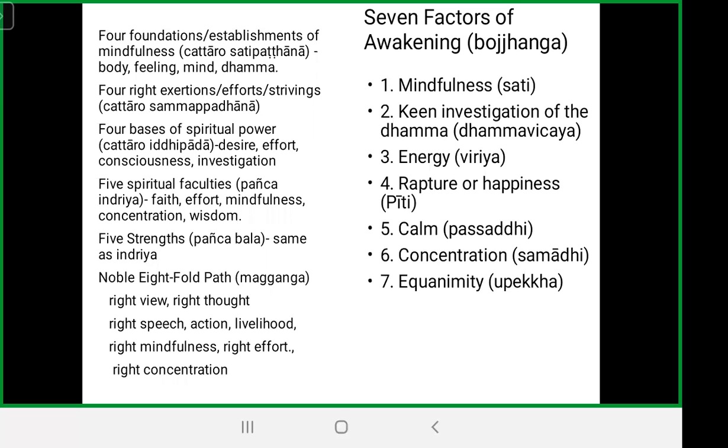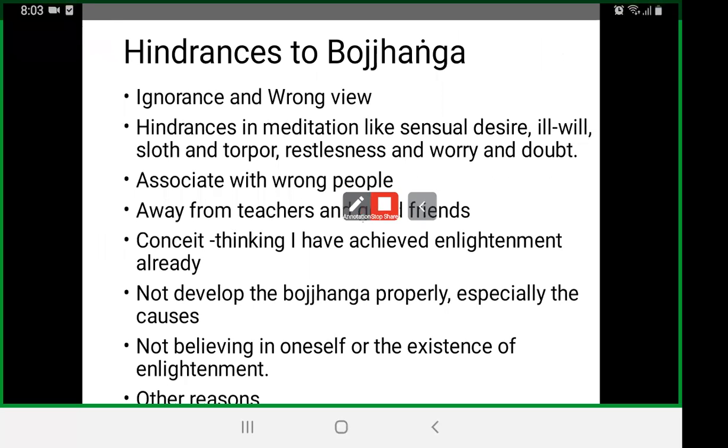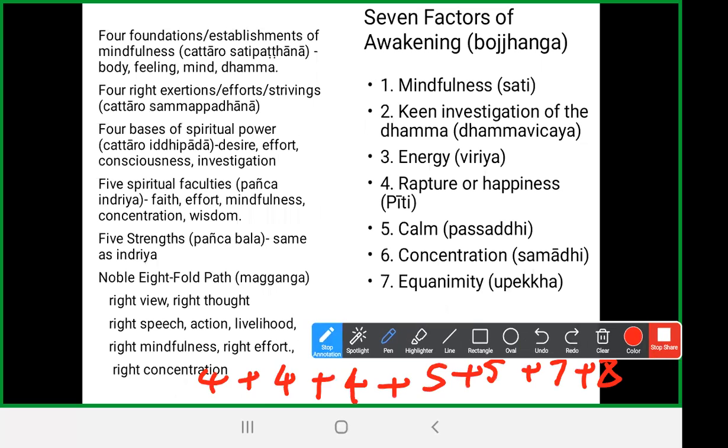Okay, now what we do is we are going to play some games also. We have the 37 factors of enlightenment, and we are going to see how they match with each other. Okay, so let me get this. For the foundation of mindfulness, where does it go?